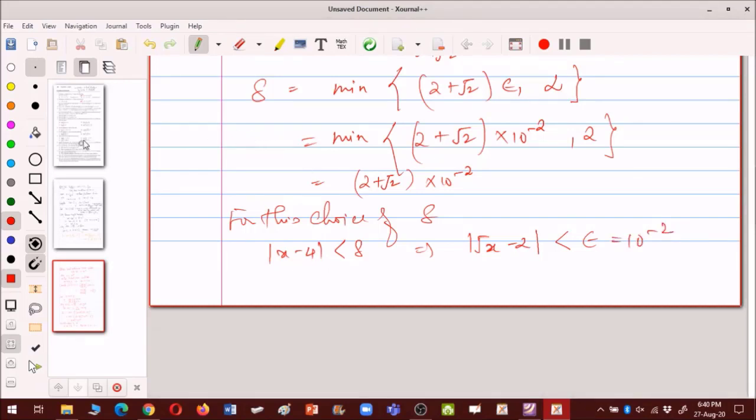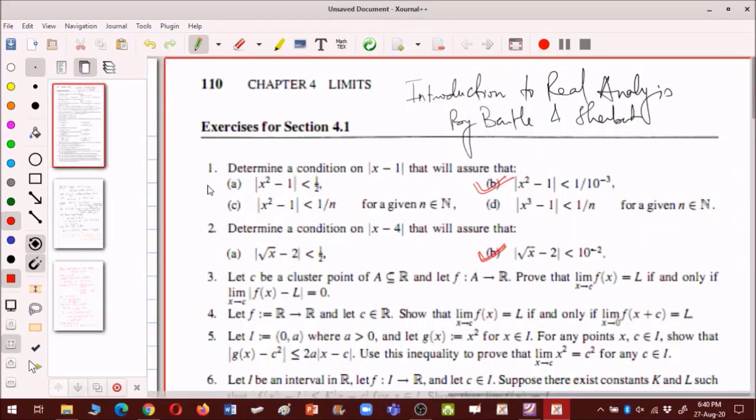Now let us try some other questions. I have done one part from question number 1 and one part from question number 2, and let us see what question number 3 says.